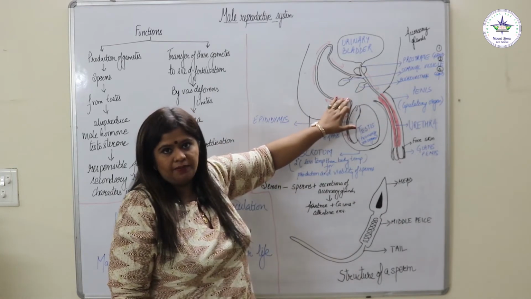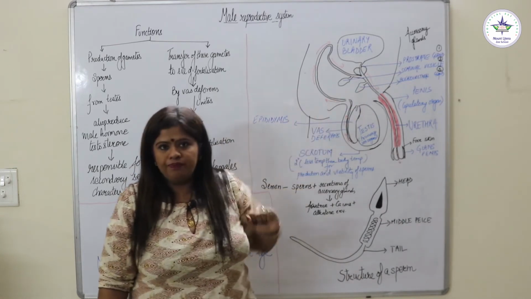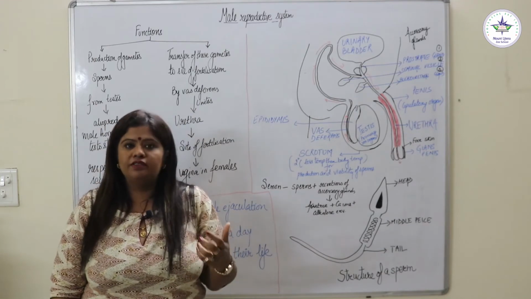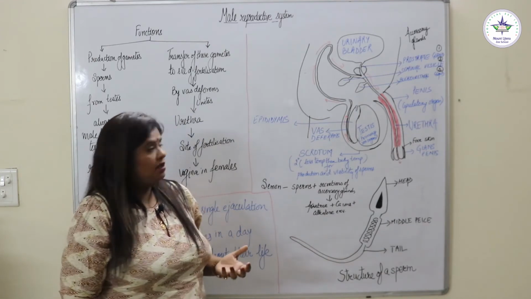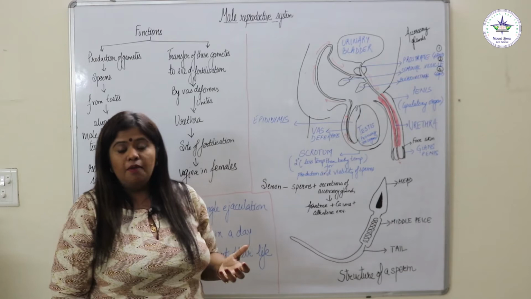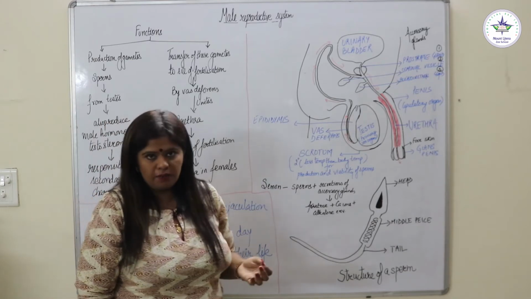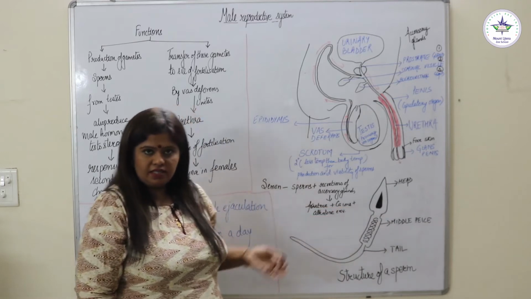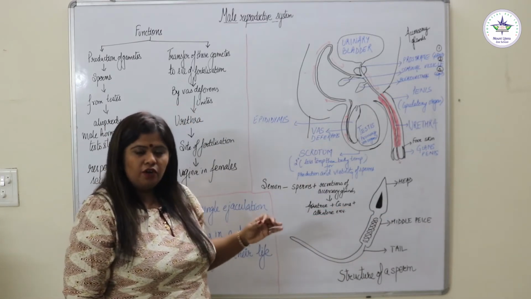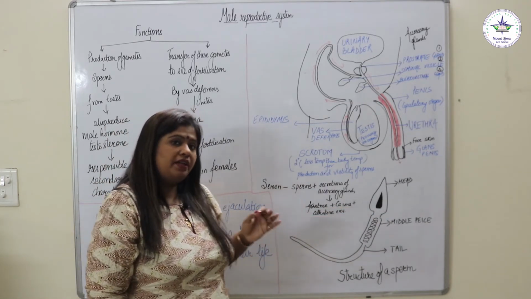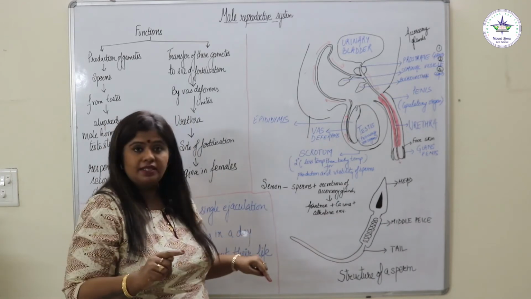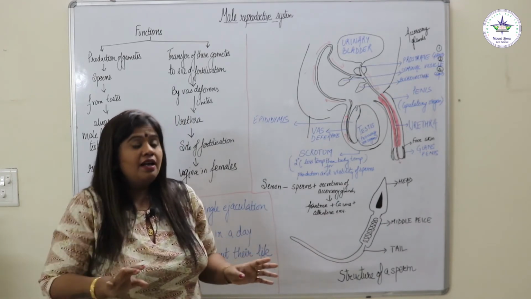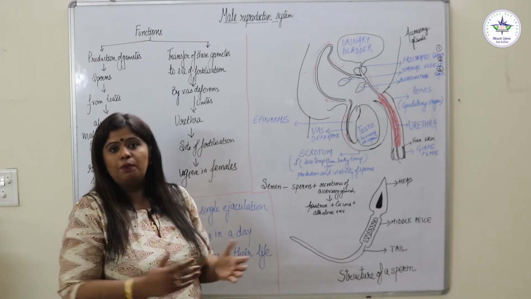You must be thinking now, why is there a need for this fluid secretion? There is a need because these sperms need to travel a very large distance from the copulatory organ of males to the female copulatory organ and to the site of fertilization. The site of fertilization is not the vagina, that's just the copulatory organ.